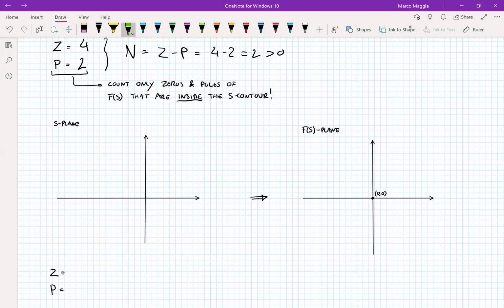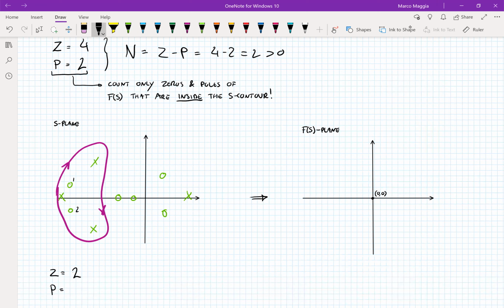All right, let's take a look at the same example. So same map, that is, it has the same poles and zeros, but this time let's choose another contour. In this case, let's choose a contour like this, closed clockwise. How many zeros are we encircling? 1 and 2, so Z is equal to 2.